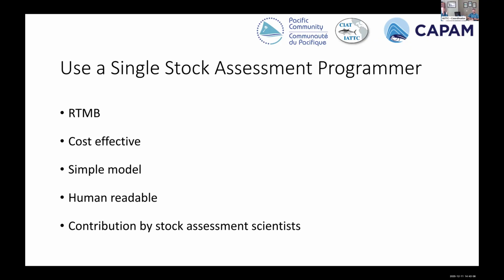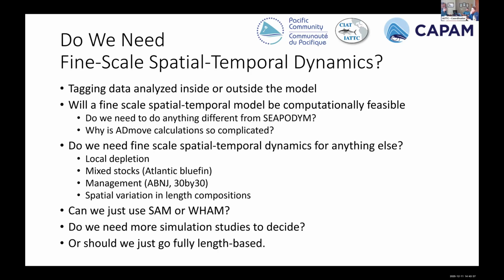Because we're trying to simplify everything, we don't really need a super efficient programmer that does everything in a way that's so flexible and stuff like that. We also want code that's human readable, well, maybe not human, but fishery stock assessment scientist readable. And that will allow more stock assessment scientists to actually contribute.